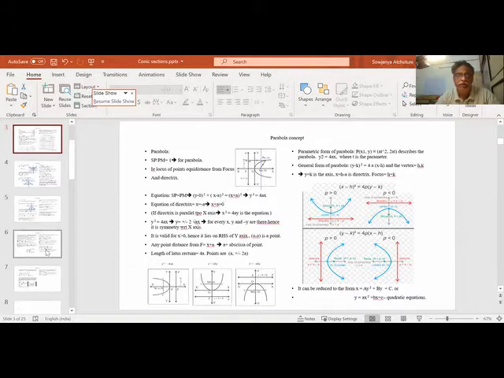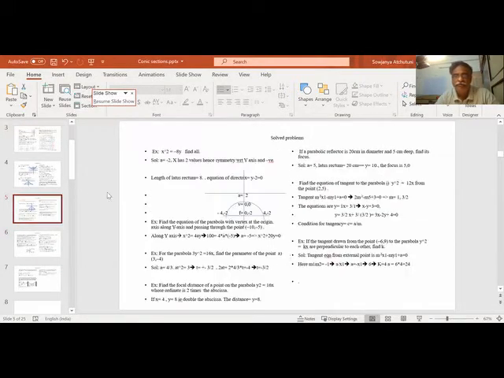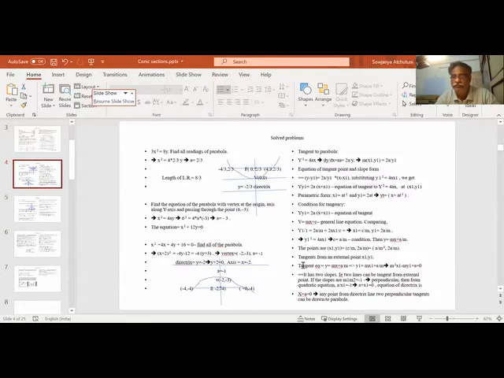So that means from a directrix, if I draw tangents to the parabola, we will get perpendicular tangents. From a directrix, we draw perpendicular tangents to the parabola. Let us see.